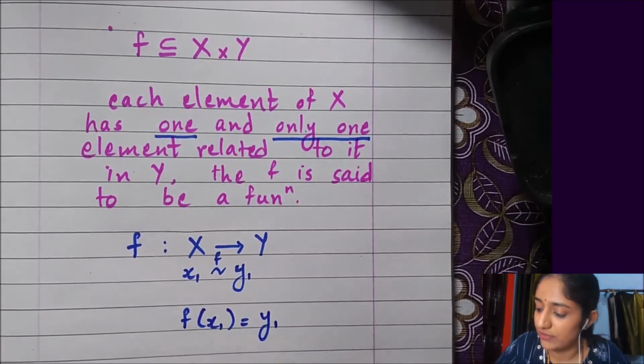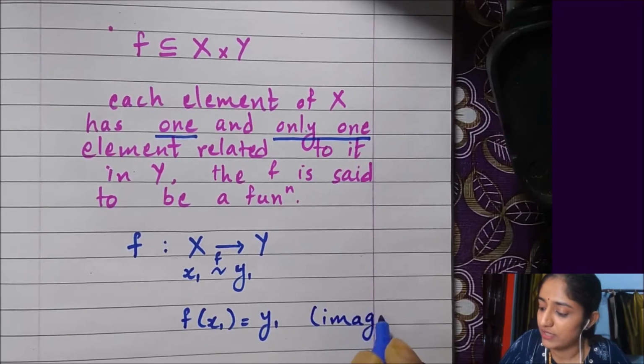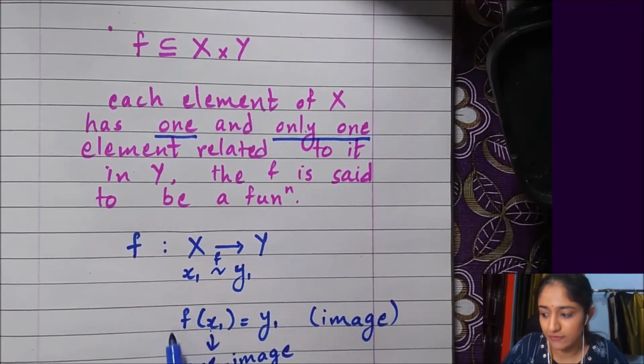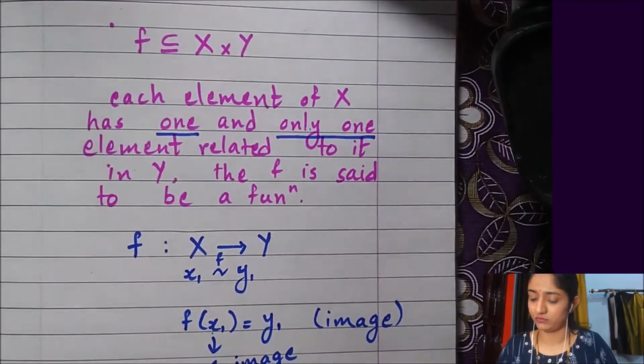We say that y1 is an image, and x1 is called a pre-image. Pre-image of y1 is x1 and image of x1 under f is y1. Okay, so f is basically a rule, or we can think of f as a machine or a device that converts some kind of object into another kind of object.